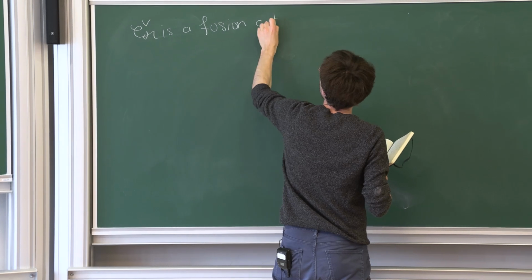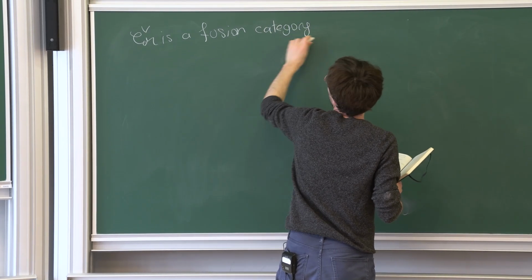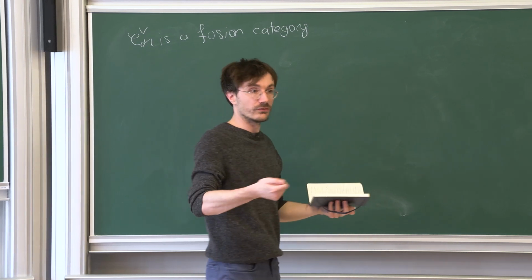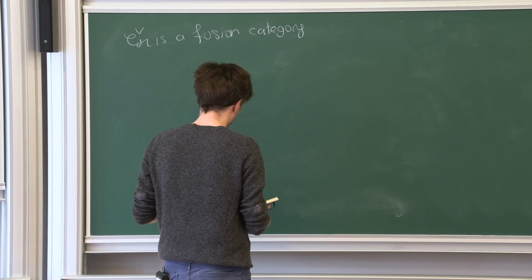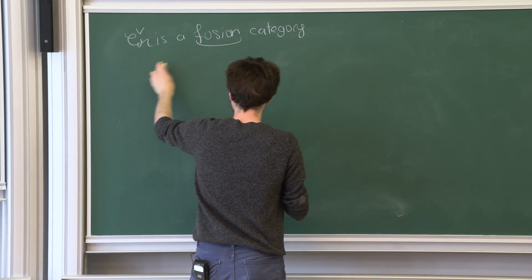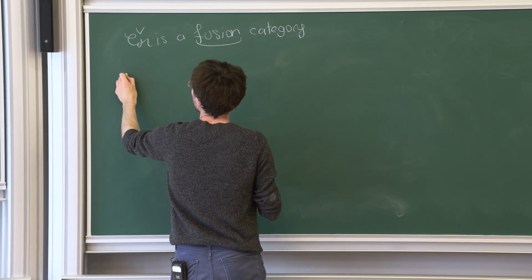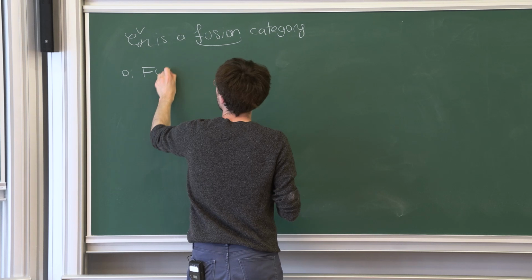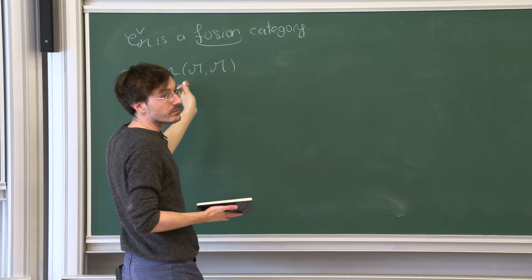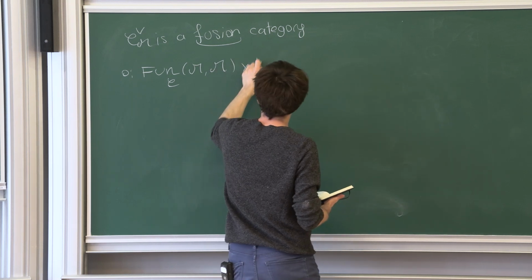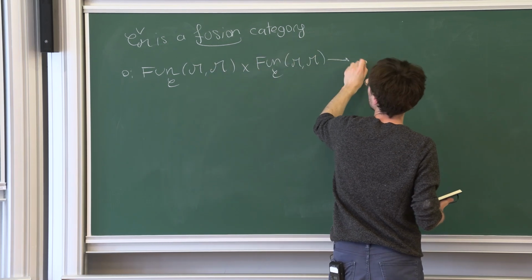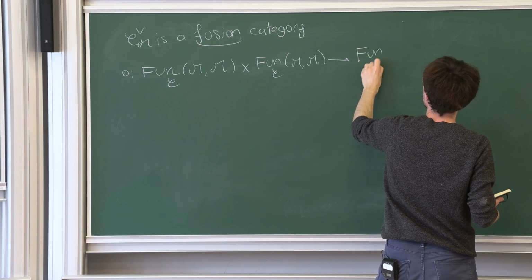And we can work out the data we're missing right now, which is the fusion structure. The fusion is provided by the composition of module functors. These are maps from M to M, you can just compose them, and this composition will provide you the fusion structure.